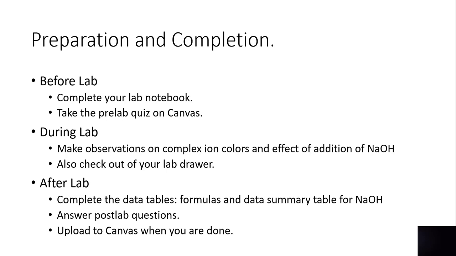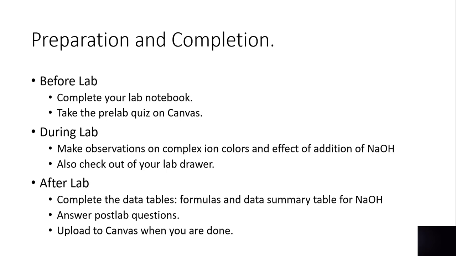And then after you have completed the lab, go ahead and complete the data table, so you don't have to do that during the lab time. You can do that on your own time. And then what you'll be doing is the formulas of the complex ions, and the summary tables of what happens when you add the sodium hydroxide. And then from those summary tables, getting at understanding which of these complex ions are more stable.